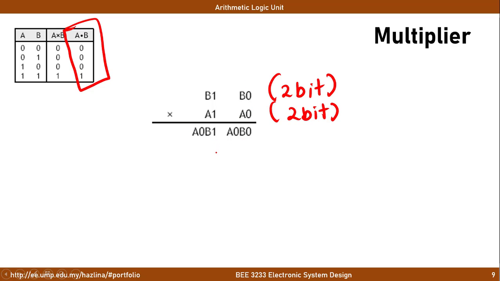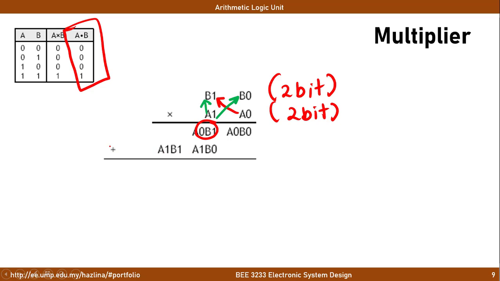The first item is A0, B0, followed by A0, B1. This item is when A0 is multiplied by B1. Then we move on to the second multiplication process, which is A1 multiplied by 0 and A1 multiplied by 1, which is equivalent as shown.